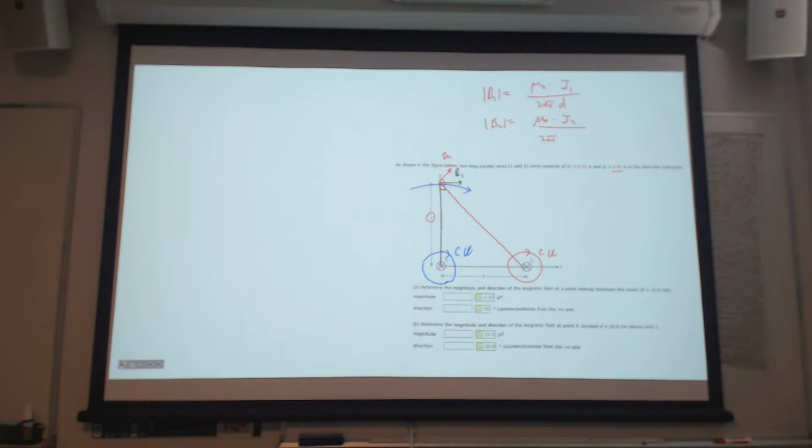D will be the distance from wire number 1 to the point. If this is D and this is D, this should be R2. The Pythagorean theorem gives D squared times 2. So these are magnitudes.